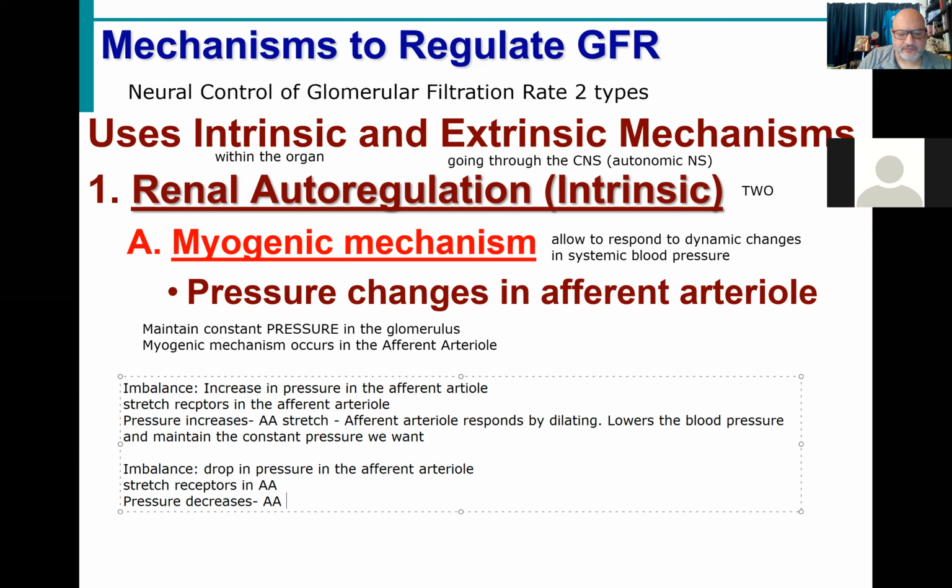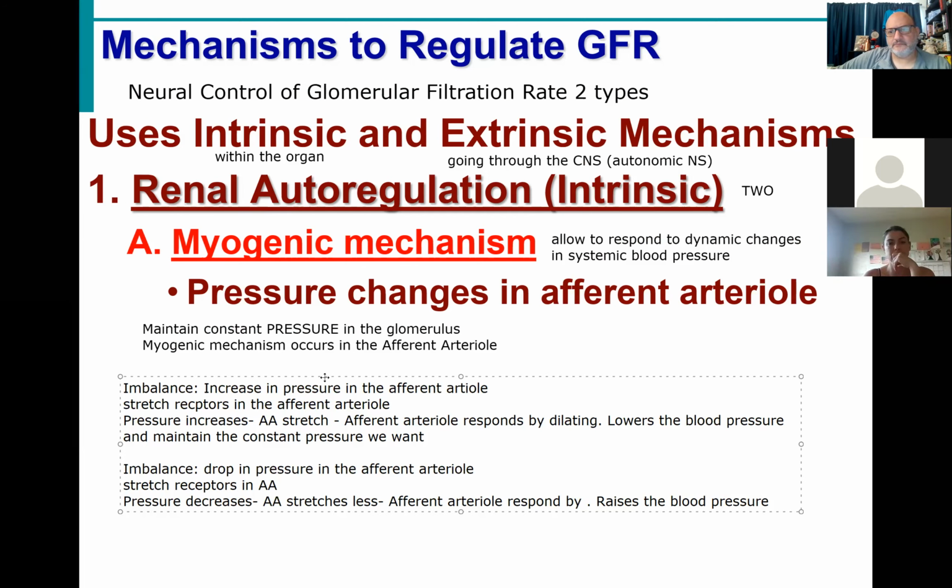Let's say it this way: it stretches less. And when it stretches less, our afferent arteriole is going to respond by doing what? If our afferent arteriole wants to bring the pressure up, what does it need to do? Constrict or dilate? Constrict. Constrict.